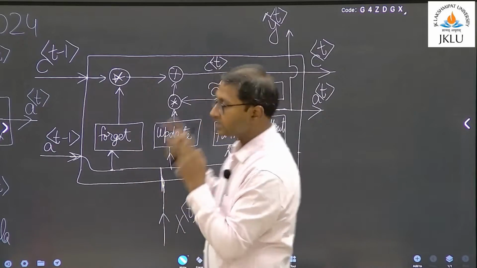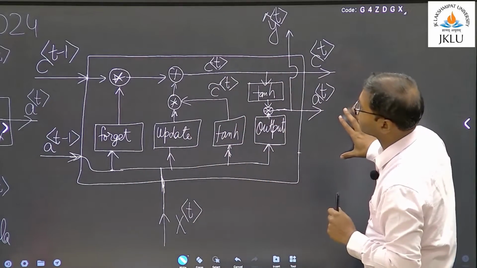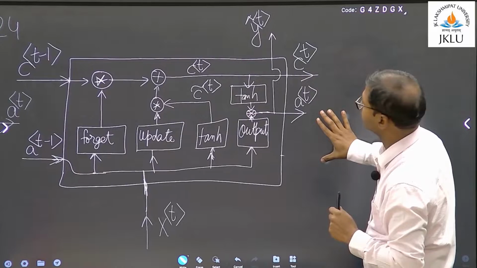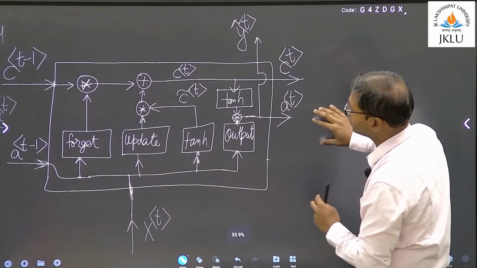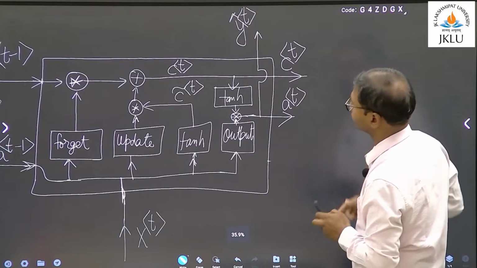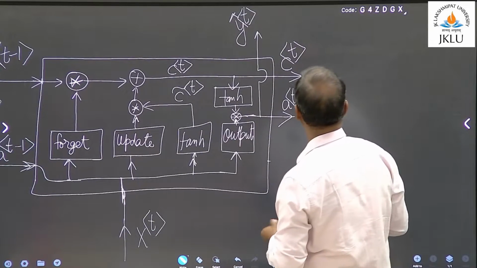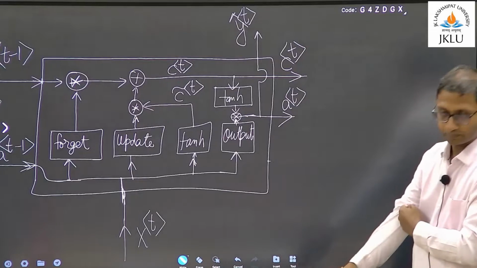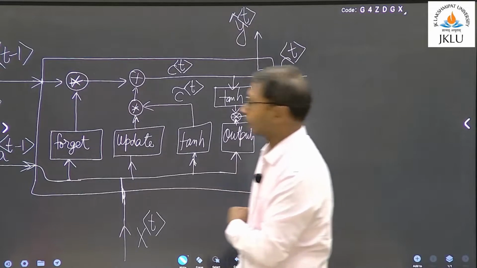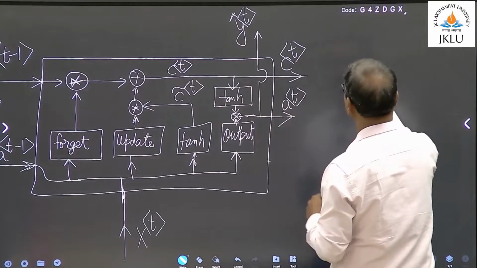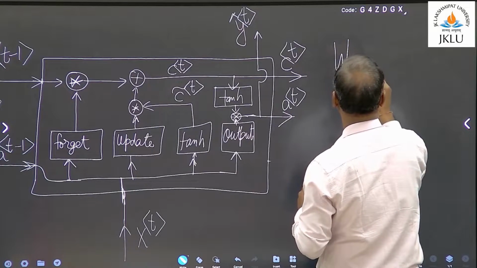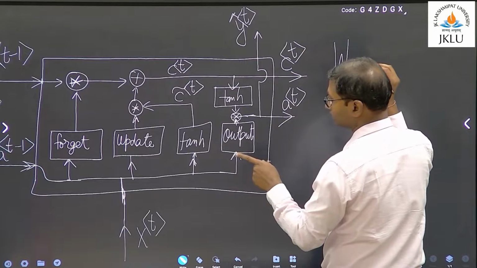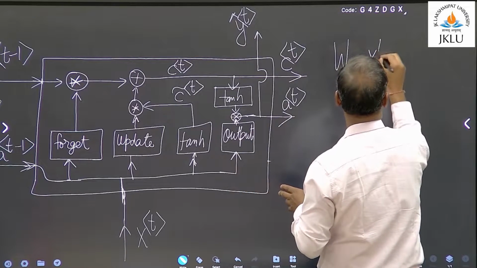Now this has a lot more things. Why this is a question that we are still keeping open. So what should be my first equation? My first equation could simply be WAX times xt.